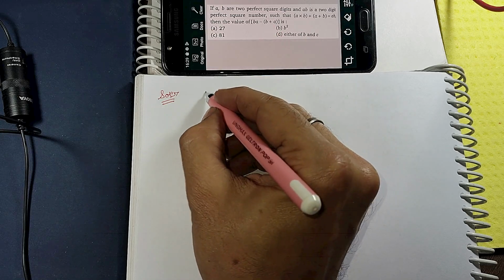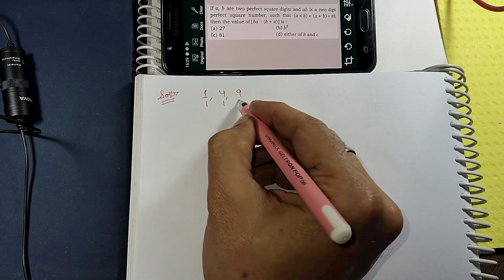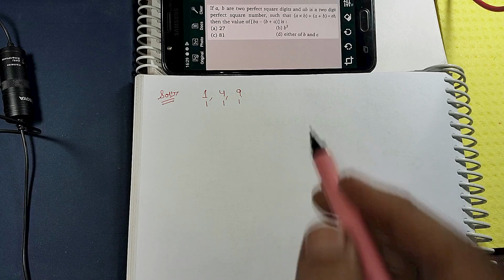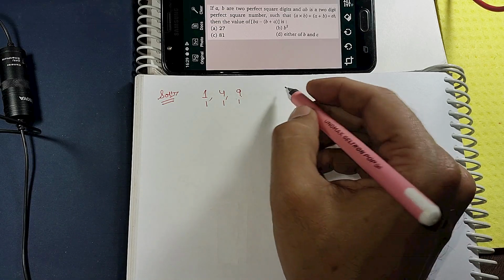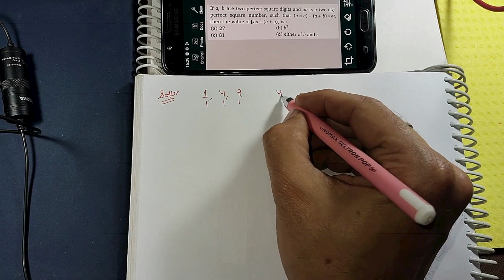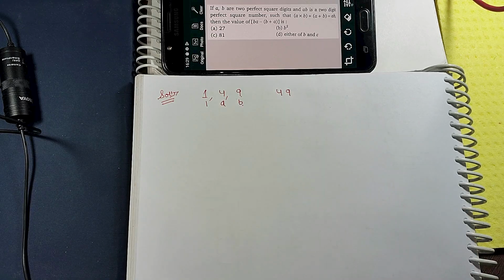So we know that only 3 digits, 1, 4 and 9, are perfect square digits. Now AB is a 2-digit perfect square number. With this combination, we can have only one 2-digit perfect square number, that is 49. So we can have the value of A and B as 4 and 9.